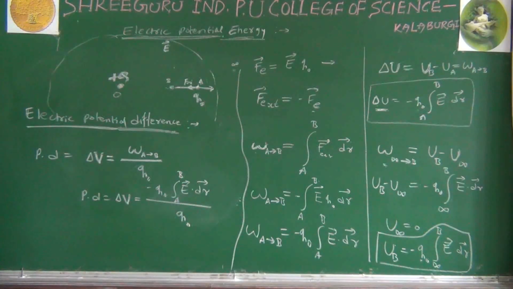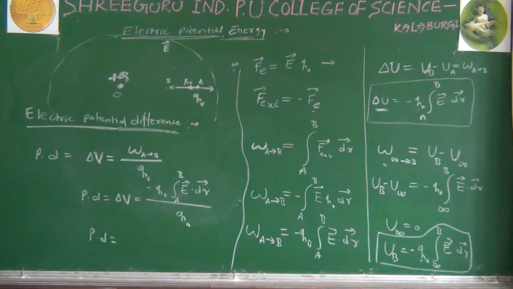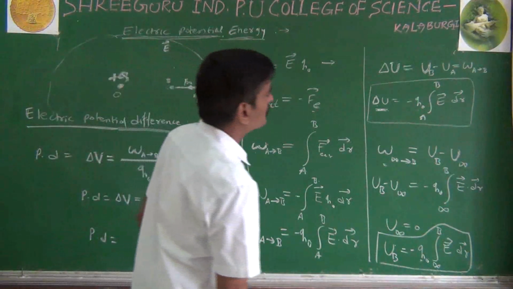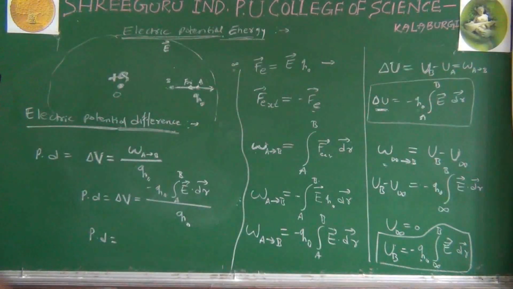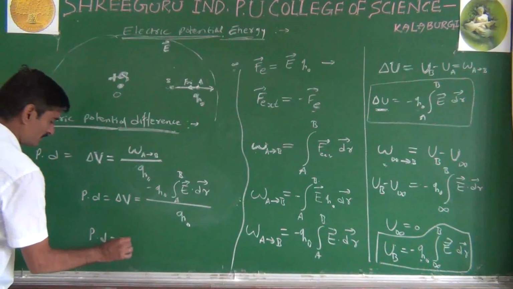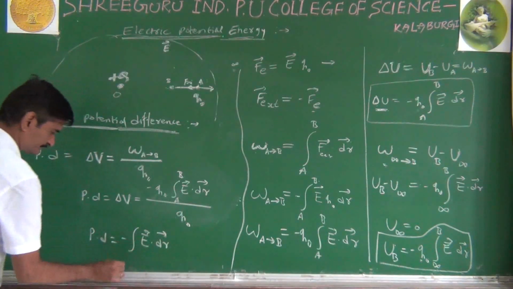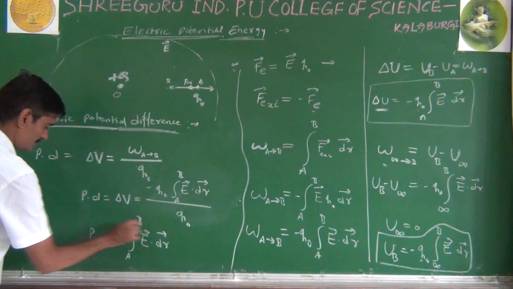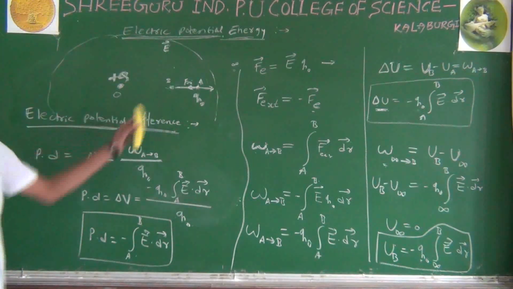So Q naught cancels. This you can write as potential difference is equal to minus integration of vector E dot dr from A to B. This is the potential difference between the 2 points A and B.